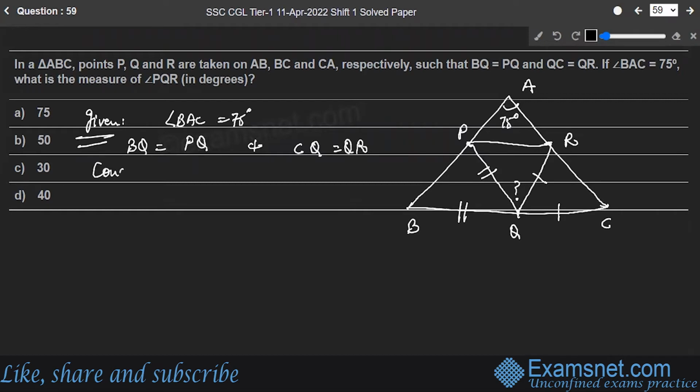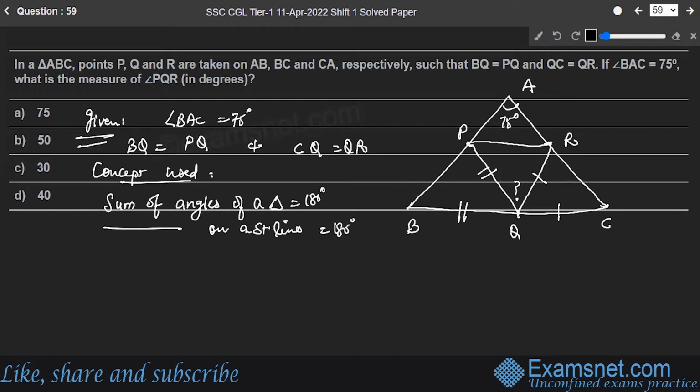Concepts used in this question: first of all, the sum of angles of a triangle is equal to 180 degrees. Also, the sum of angles on a straight line is equal to 180 degrees. Let this angle be X, then this angle is also X. If I'm assuming this angle Y, this angle is also Y. I hope you know the angles opposite to equal sides are equal, right? So let's go with the solution part.